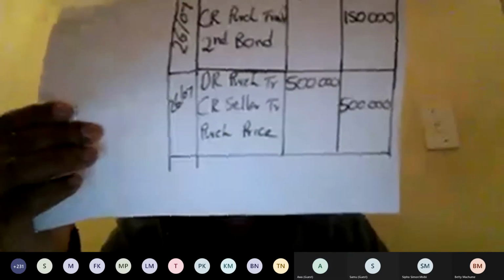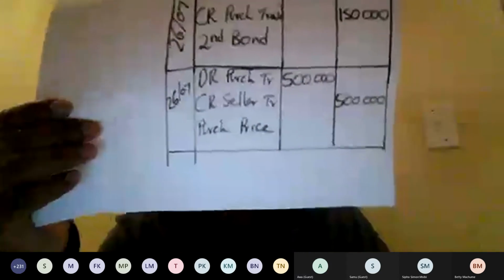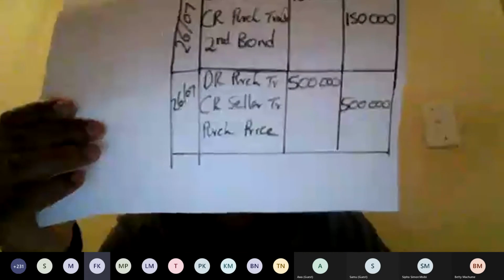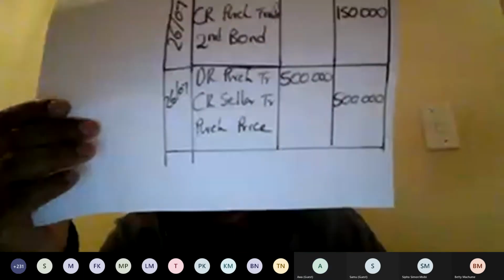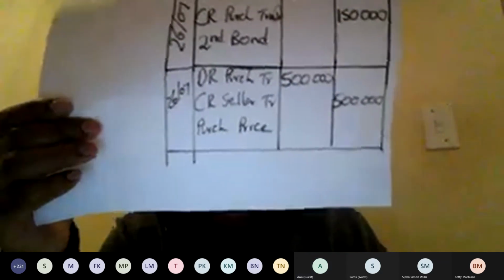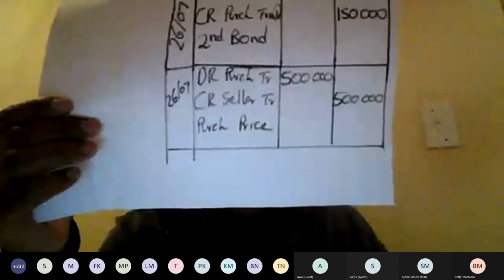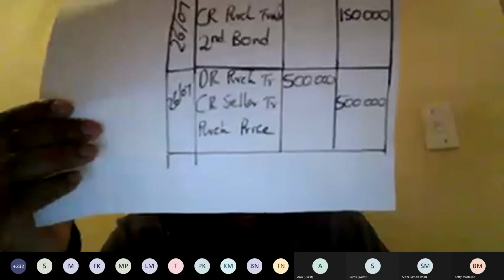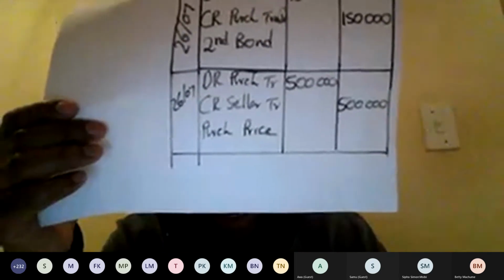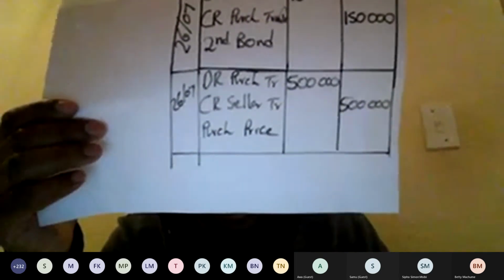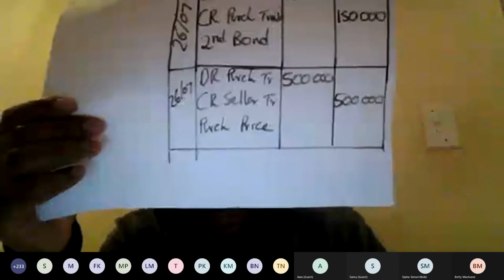And then you credit the seller's trust, because after this step the seller's trust ledger account must be credited with the full purchase price. That is your journal, and that's what you record first: you debit the client from whom you are transferring, the purchaser, and you credit the client to whom you are transferring, the seller.